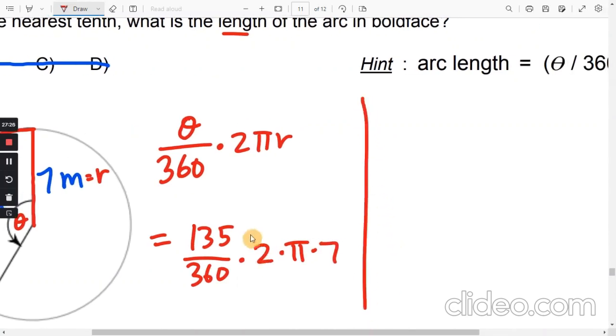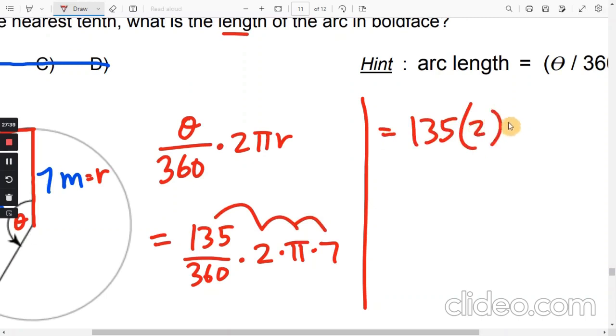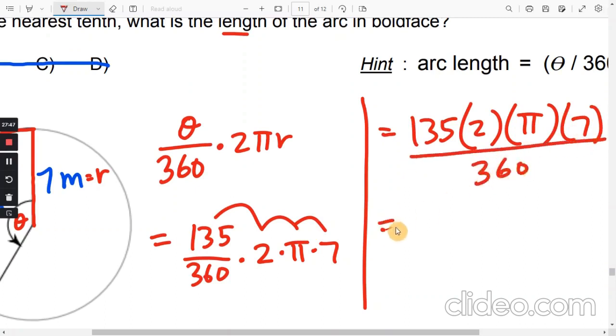Now, rewriting, these are all numerators because you can put this over 1. So it's 135 times 2 times pi times 7. All right, that whole thing is divided by 360. So again, use the pi key. 135 times 2 times 7 times pi.